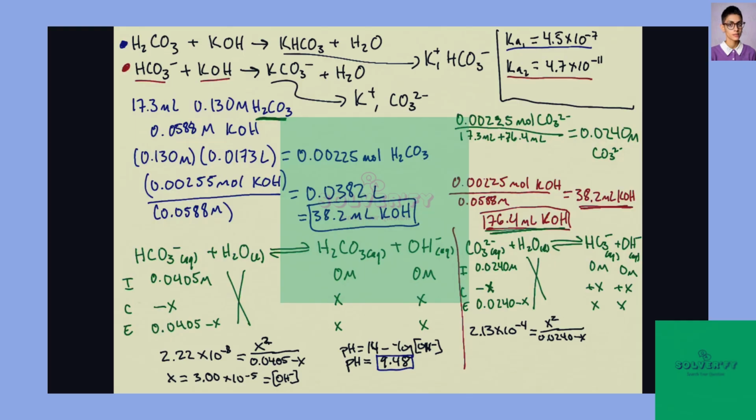Here, rearranging this equation, we get the expression x squared plus 2.13 times 10 to the negative 4th times x minus 4.81 times 10 to the negative 7th equals 0.